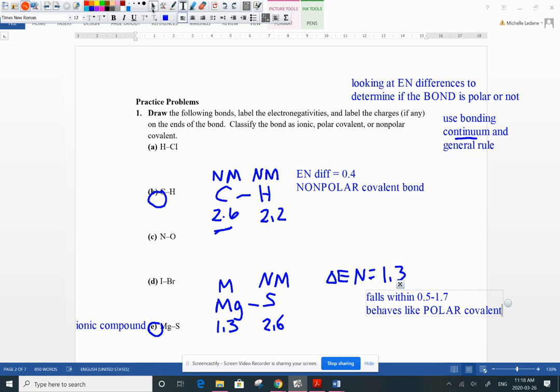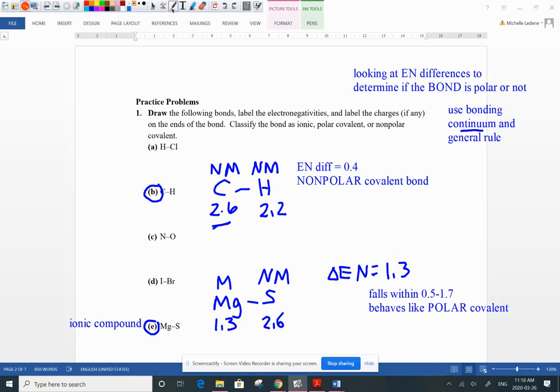And so we have this dipole created where there are more electrons surrounding the sulfur end of the atom. That's where the electrons are hanging around. So this is a polar bond that we have here. Now we can say that yes, it's an ionic compound because it's metal, nonmetal, but it actually behaves more like a polar covalent compound.